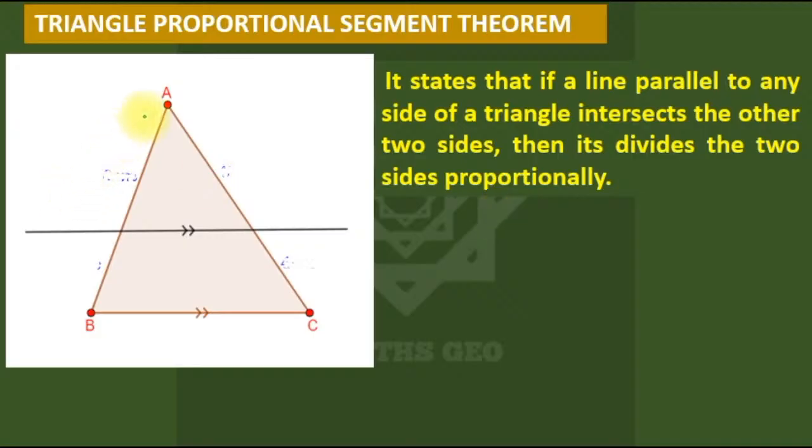So if you have a triangle and a line parallel to one of the sides, assuming the segments here are A, B, C, and D, the theorem states that A over B is equal to C over D. So that's the statement. To prove that, let's look at a quick proof.